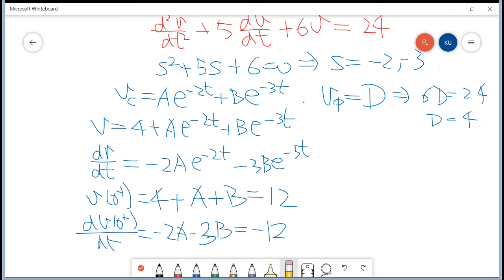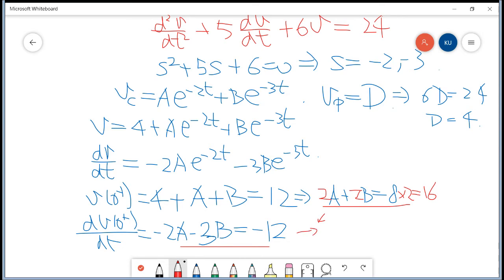So for the first one, we can write it as a plus b is 8. So we can multiply both sides by 2, equals 16. So we add these two together. We will get minus b equals to 4, which means that b equals to minus 4.